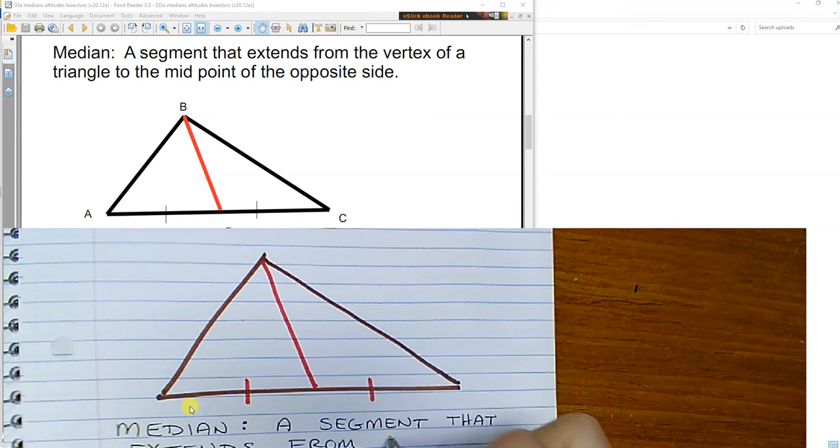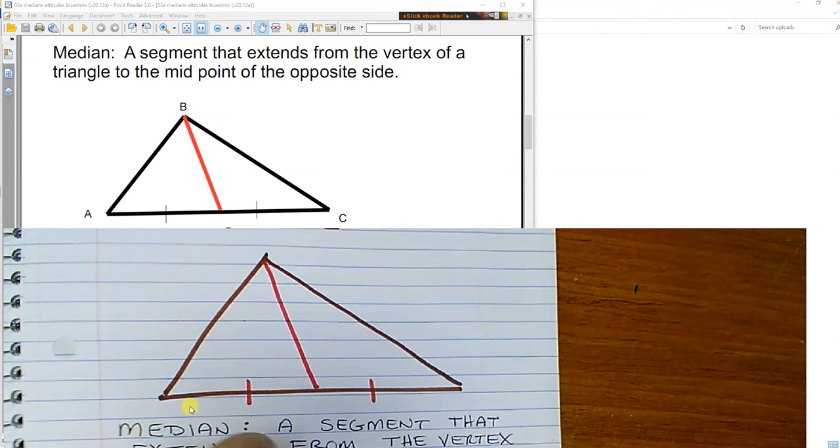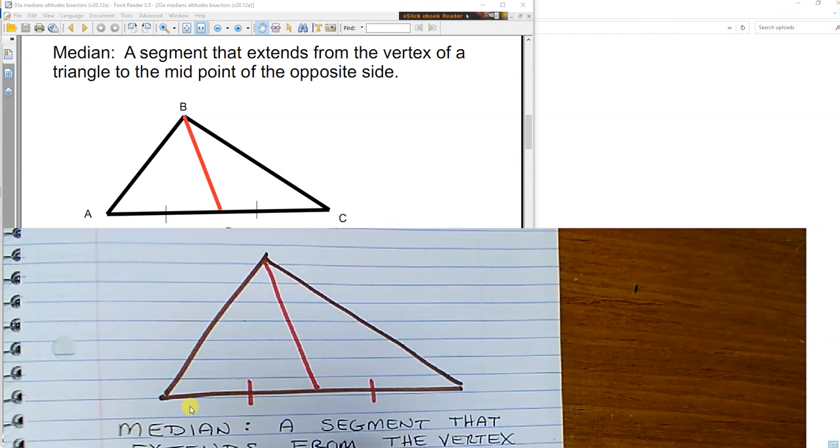It extends from the vertex to the midpoint of the opposite side.